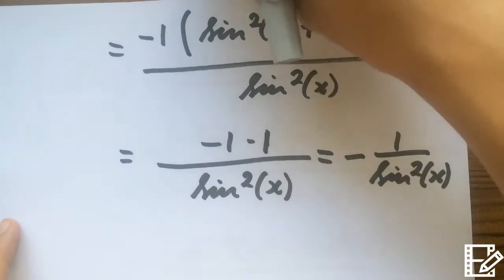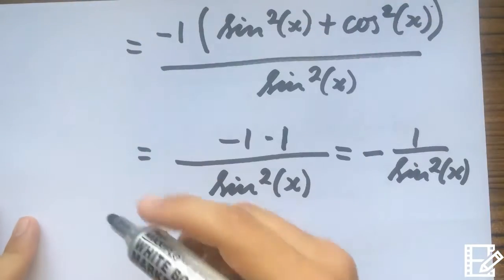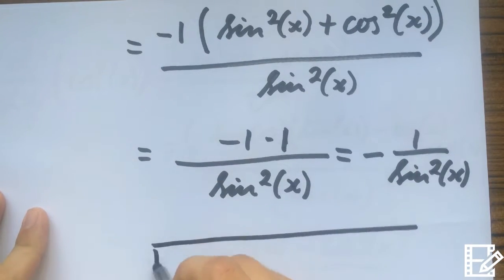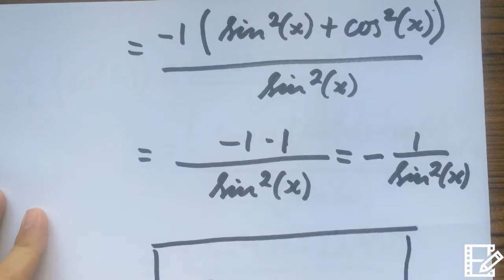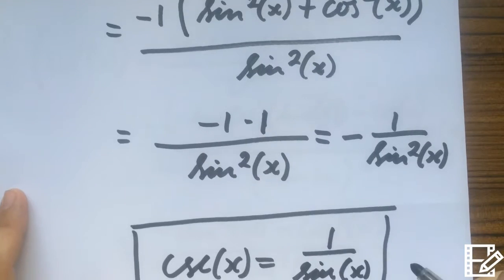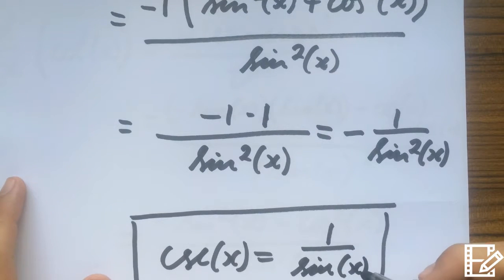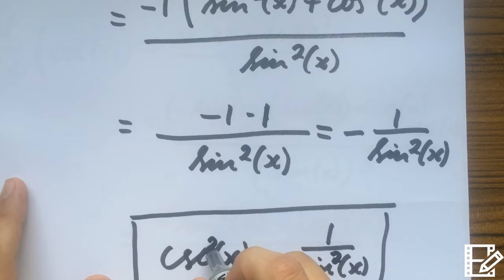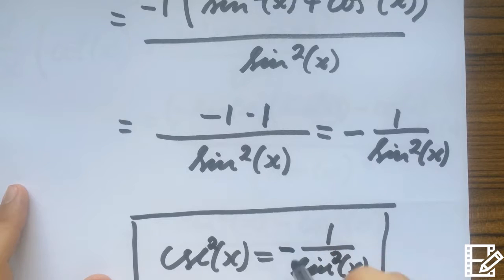Now, if we have a look at another little rule, which states that cosec of x is equal to 1 on sine of x. Sure, they might look similar, but if we squared this, we'd square that, and if we made this a negative, we'd make this a negative.